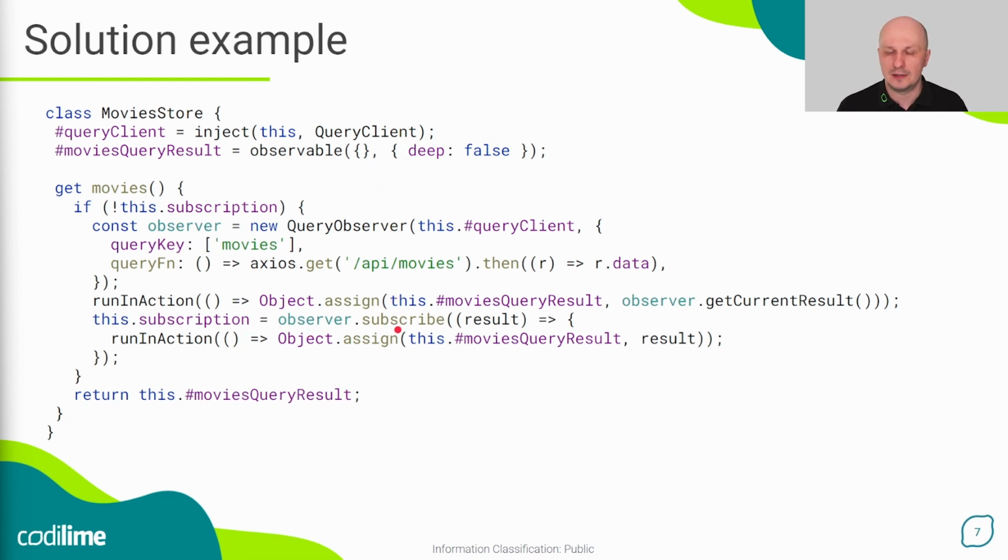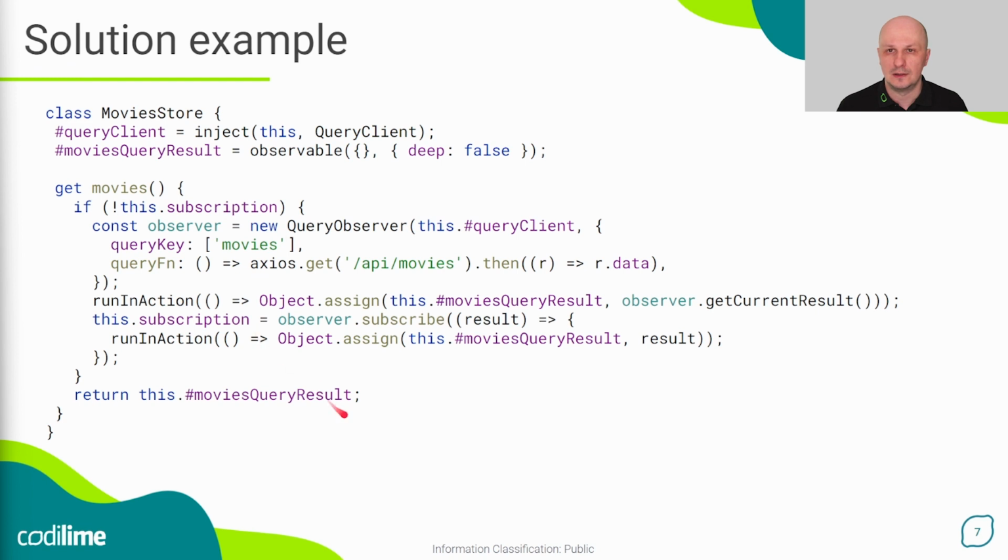And after that, we are subscribing to the changes that React Query is doing under the hood. And every change produces some result, and this result will be assigned again to the movies query result.